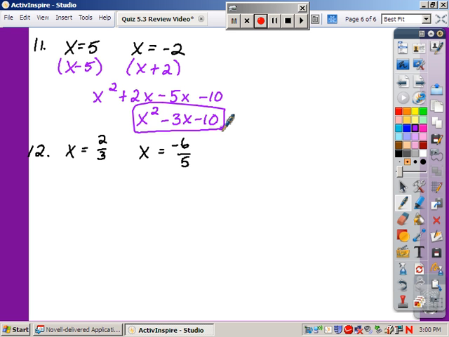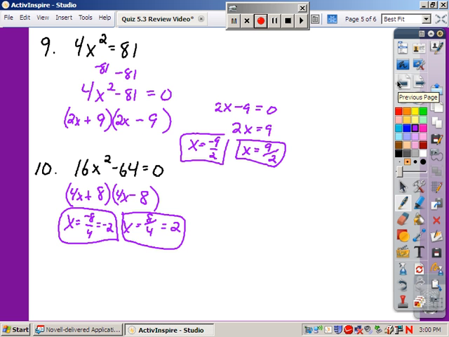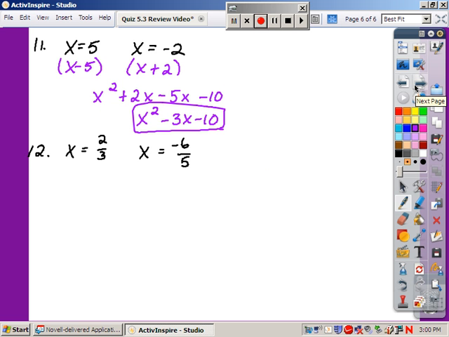Okay, with number 12, it's a little bit more complicated because you're dealing with a fraction here instead. So if you go back and look at some of our answers that we got fractions for, they were a little bit more of a complex factor than just an x and a number. They're usually not too bad. So if you look at this, what you really want is this to equal 0.